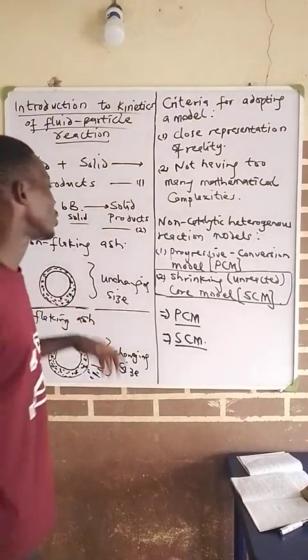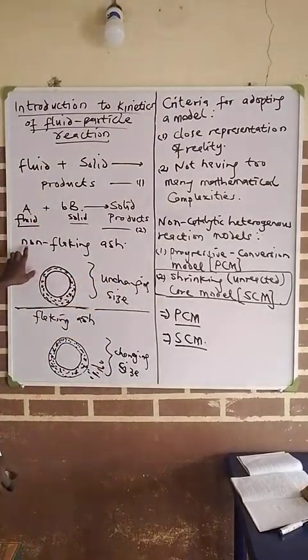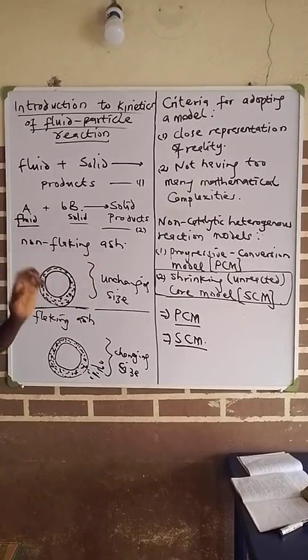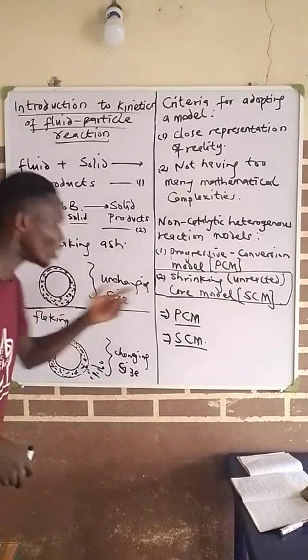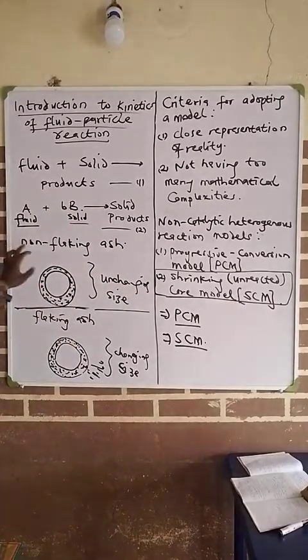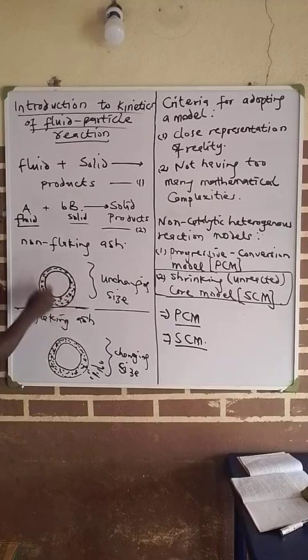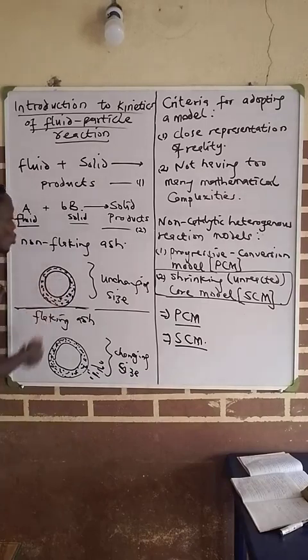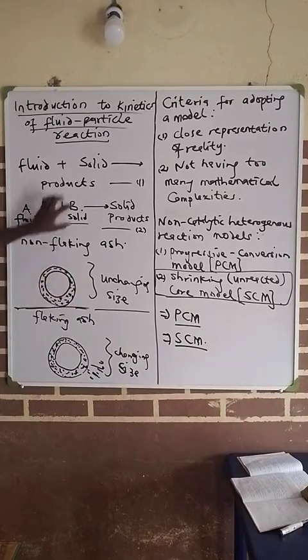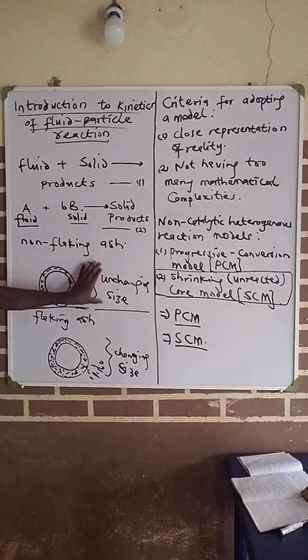In addition to that, we are adopting a non-flaking ash impurity. We are assuming that our impurity, the leftover from the reaction, is in the form of non-flaking ash. What does that mean? That they don't detach from the unreacted core. Since they don't detach, our solid has unchanging size.